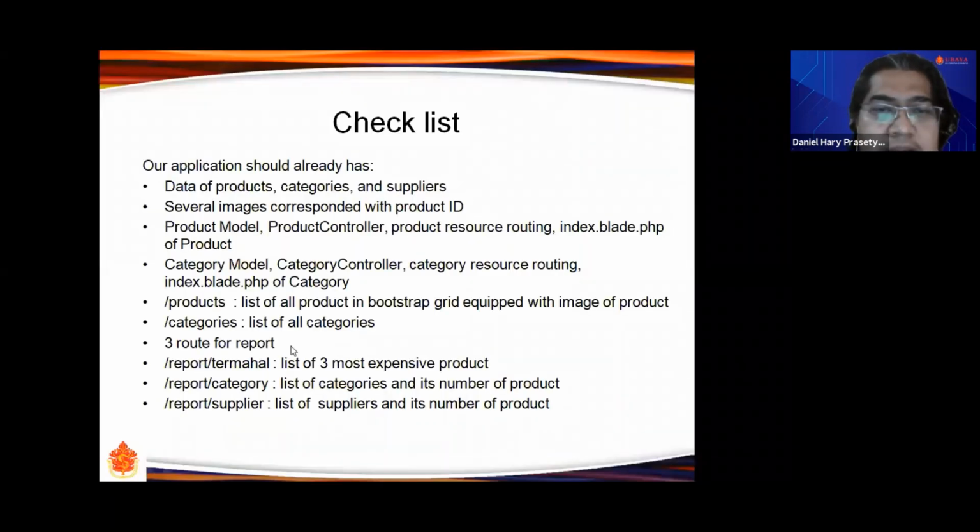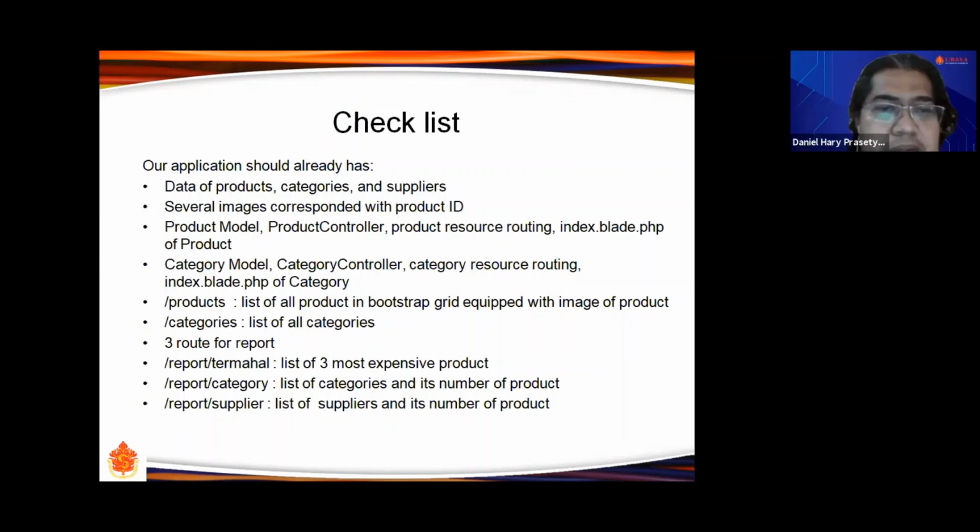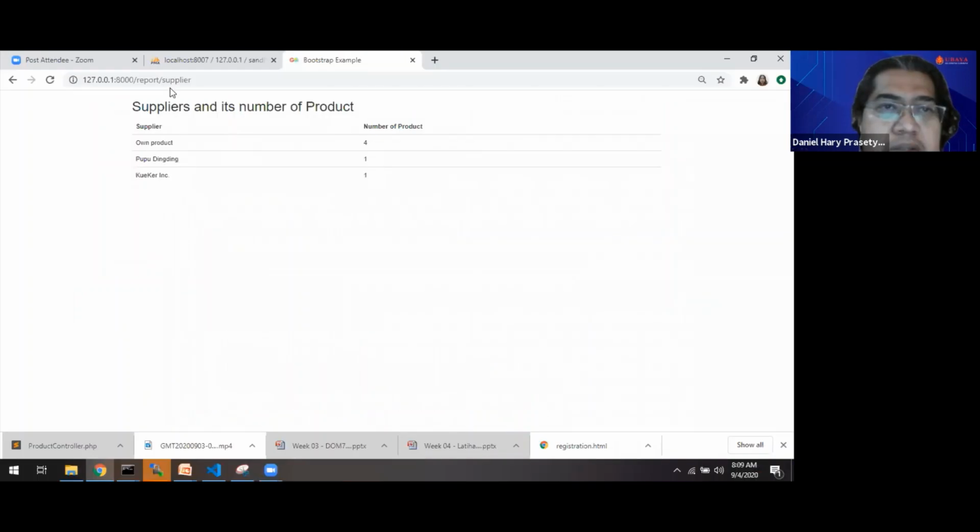Okay, Leander, is it all complete? I'm not sure about the categories. The categories is the report category. Categories is the model, controller, and something in the index view.